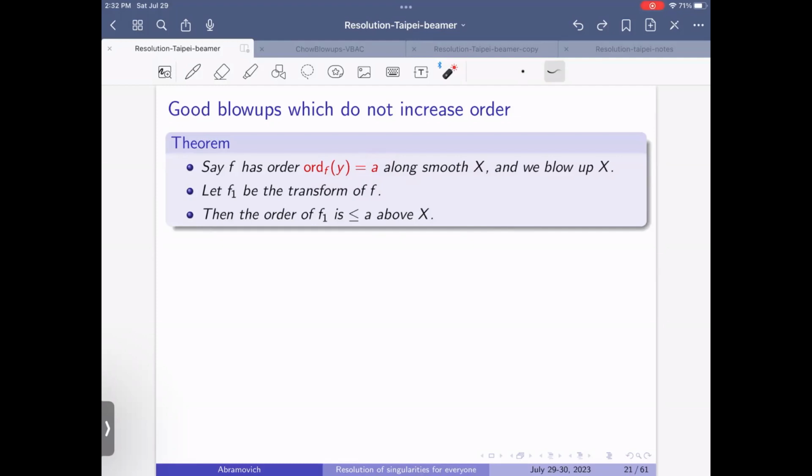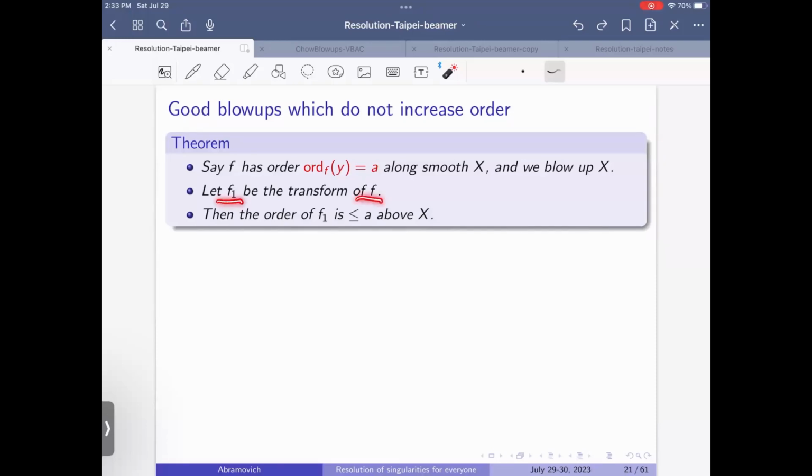And the way I show it is by plugging in the Cox construction and seeing that even before I remove the locus that I want to remove, V of x1 prime through, even before I remove it, the order did not increase. So I just plug in B.